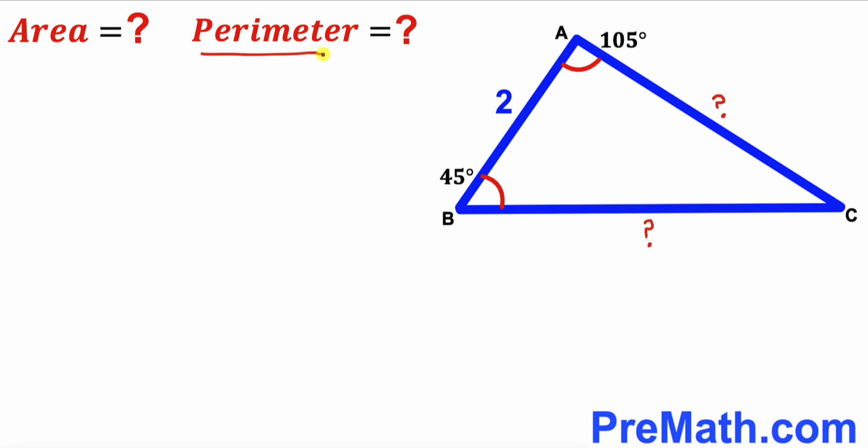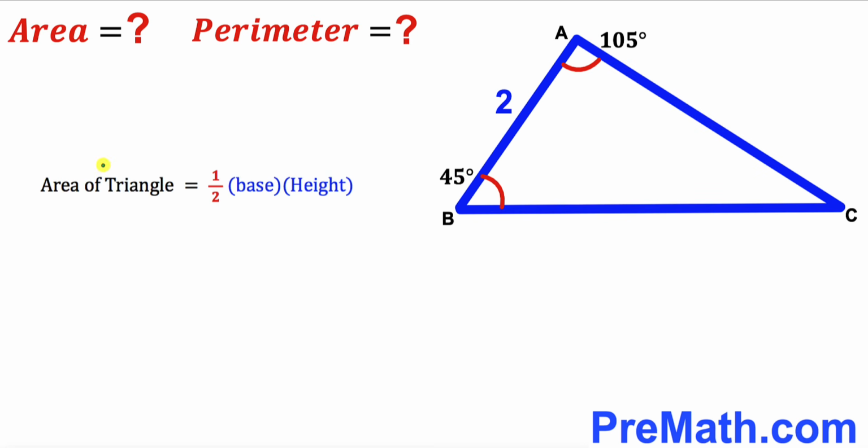And we are supposed to be calculating the area of this very same triangle ABC as well. And now let's recall the area of a triangle formula. Area is always equal to a half times base times the height of the triangle. And here we are going to assume that this side BC is the base of this given triangle.